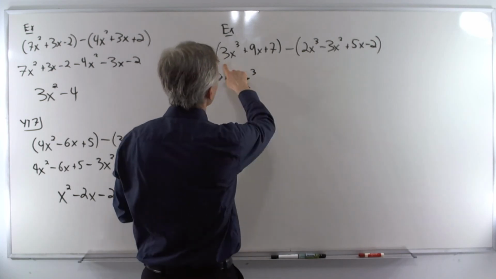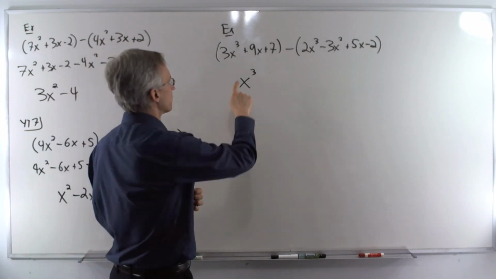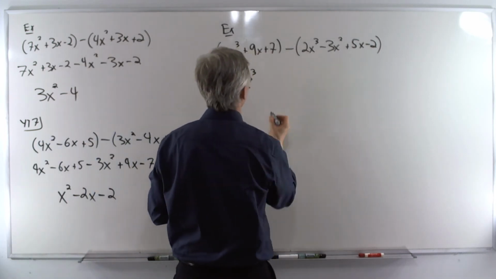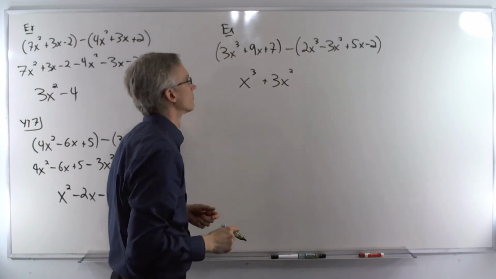Now we don't have any x squared term, and here it's helpful to think of that as just being 0. So we have 0 minus negative 3. So that is like plus 3. So we get 3x squared.